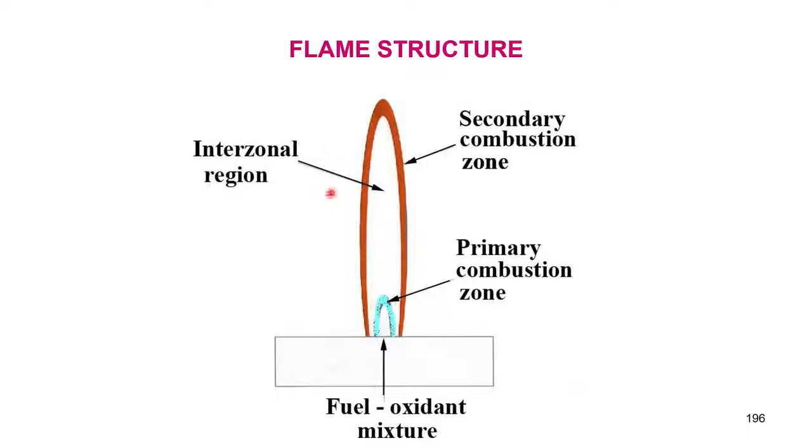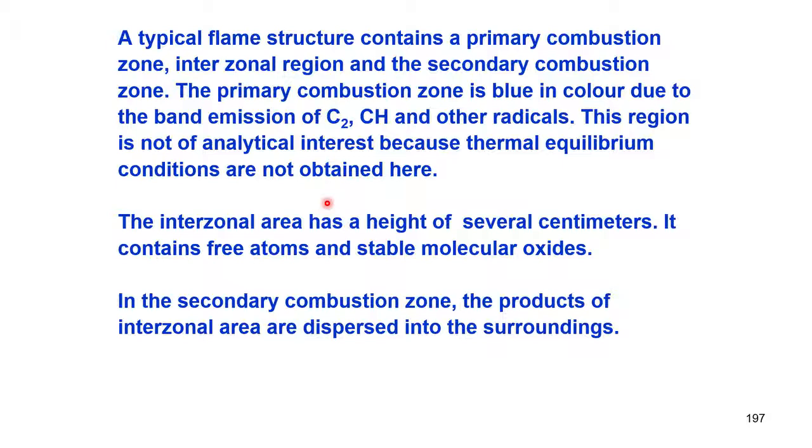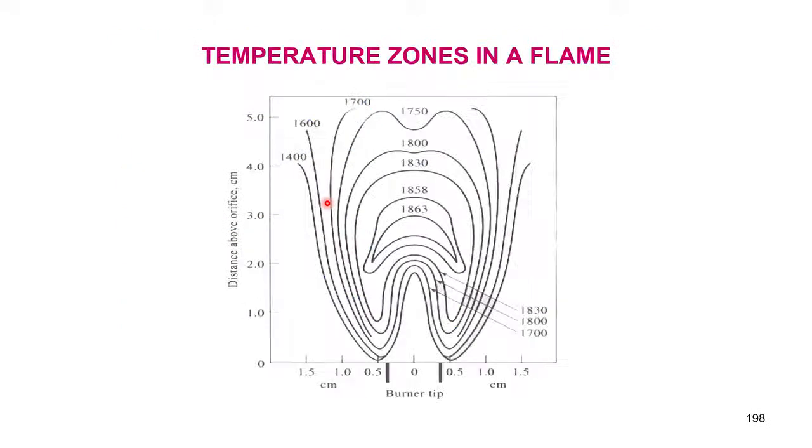So, that is of no use to us. These are the 3 basic combustion zones, and the interzonal area has a height of about 3 centimeters. Secondary combustion zone is also good for us. If you look at the temperature of a flame coming from a burner, this is what happens.